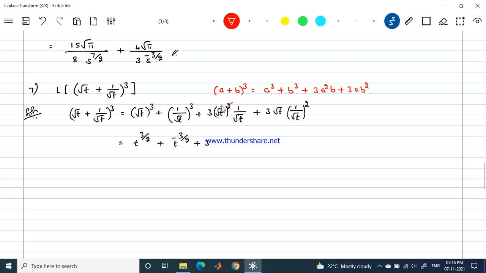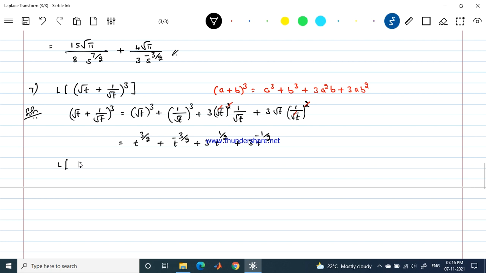Plus 3, square root and square cancel, t into 1 by root t, that is t power 1 minus 1 by 2, it becomes t power 1 by 2. Plus 3, here once again square root and square cancel, take t to the numerator, t power 1 by 2 minus 1, that is t power minus 1 by 2. Now apply the Laplace on this.